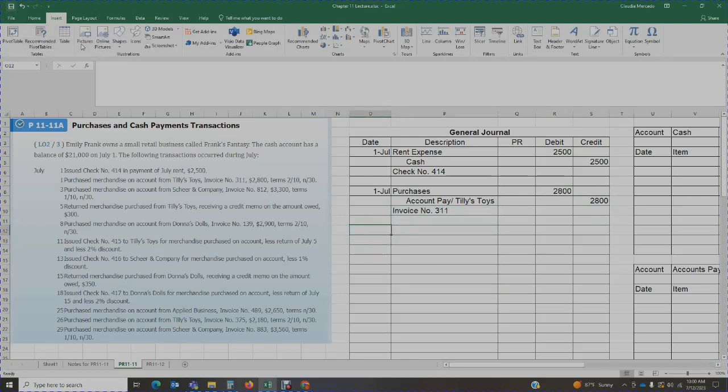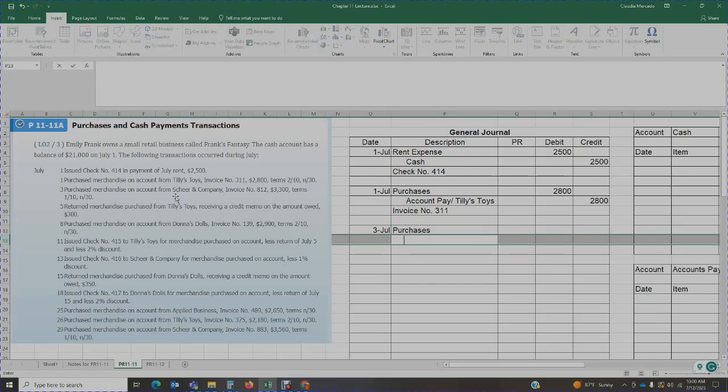Okay, on July the 3rd, we made another purchase on account from Shear and Company, invoice number 812 for $3,300, terms 1/10, net 30. So we made another purchase on account. So I'm going to go ahead and debit my purchases. And if it's on account, I'm going to credit my accounts payable.